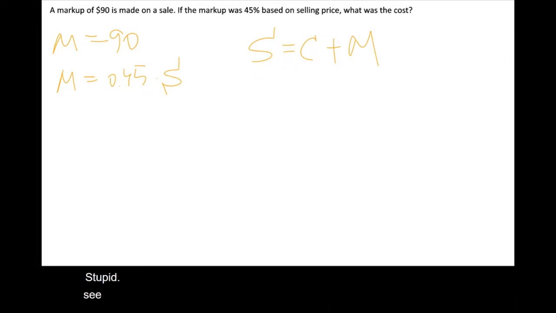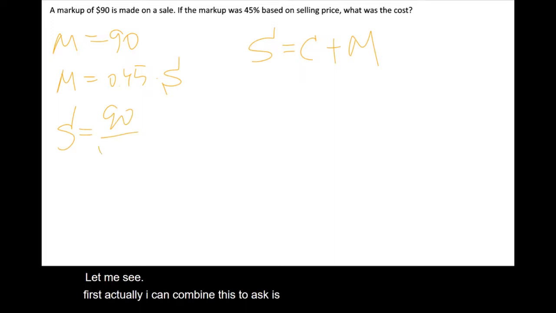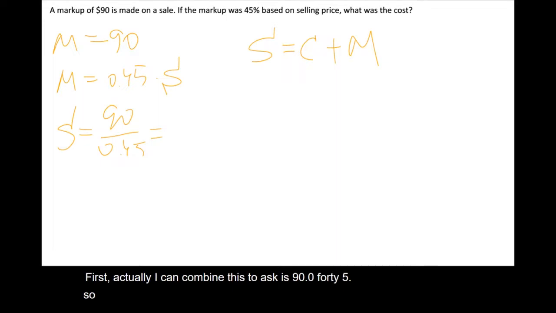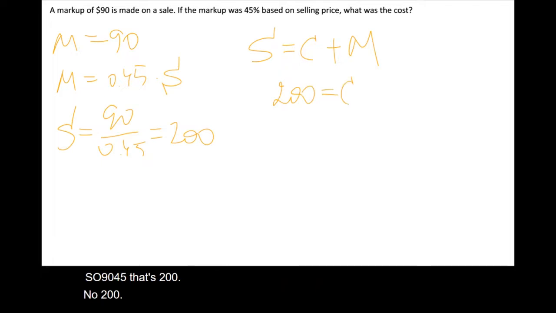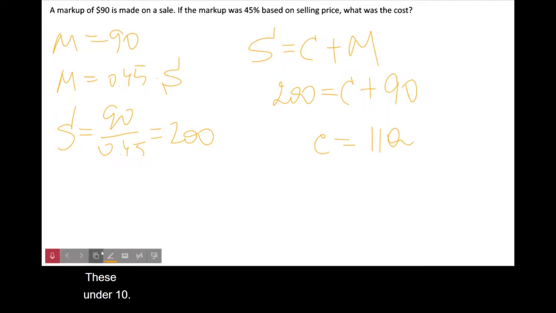Let me see. First, actually, I can combine these two and find S is 90 over 0.45. So 90 over 0.45, that's 200. Now 200 is C plus 90. C is 110. C is 110.